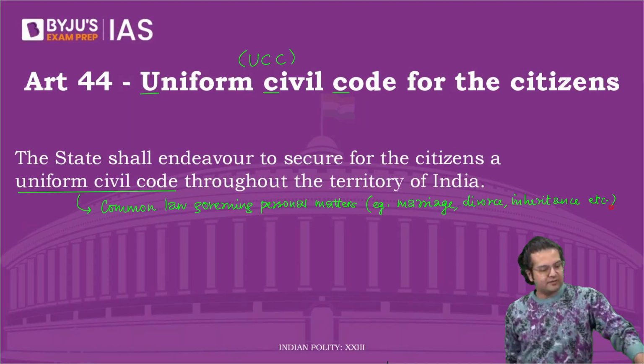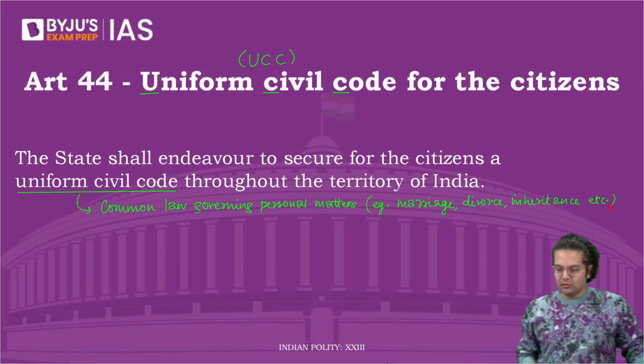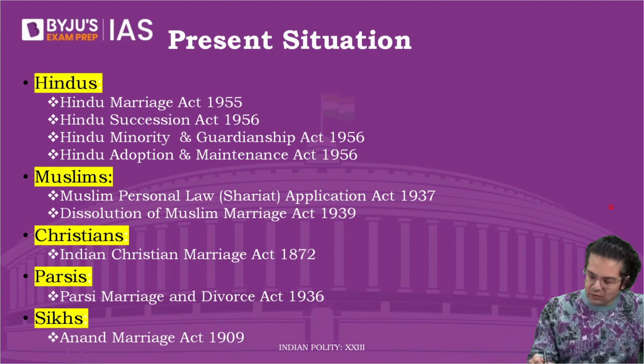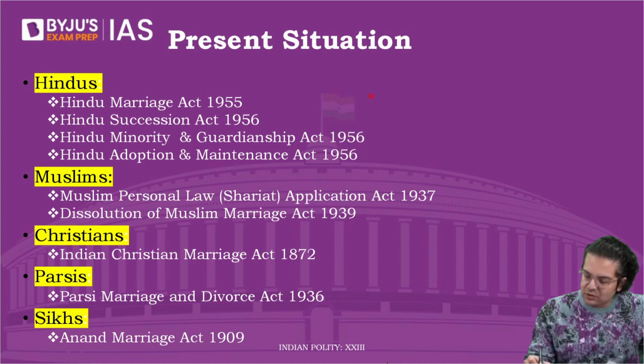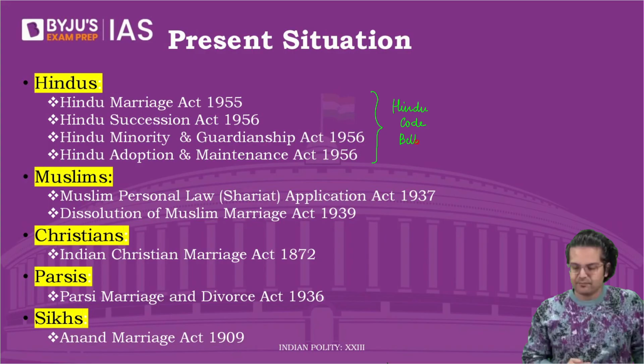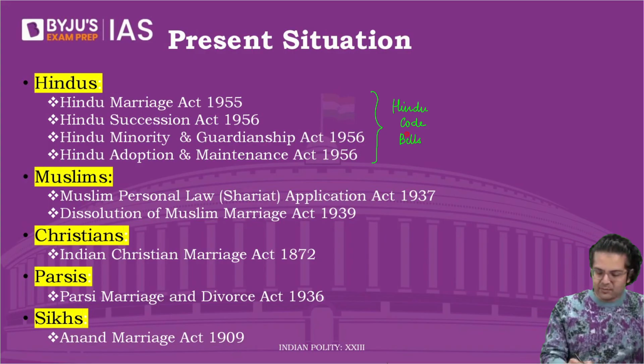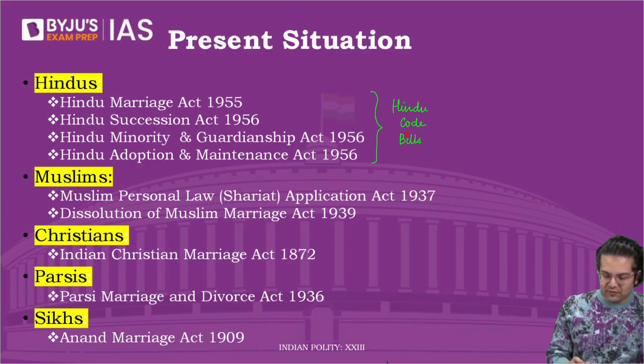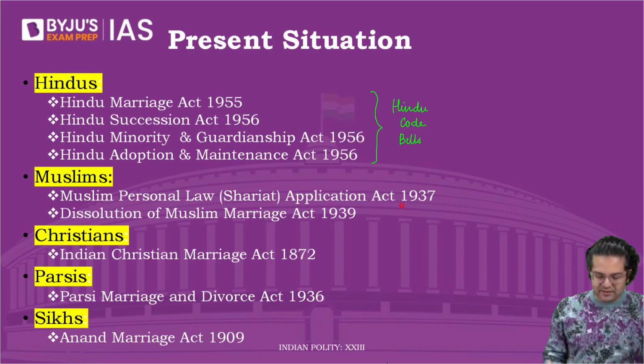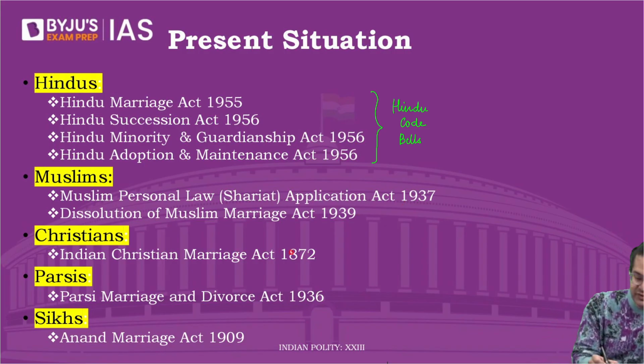It varies. So for Hindus, we have these laws which are popularly known as Hindu Code Bills. Okay? For Muslims, separate laws. For Christians, for Parsis, for Sikhs, and Hindus here actually includes Hindus, Sikhs, Jains, and Buddhists.